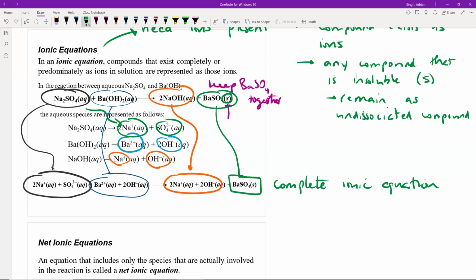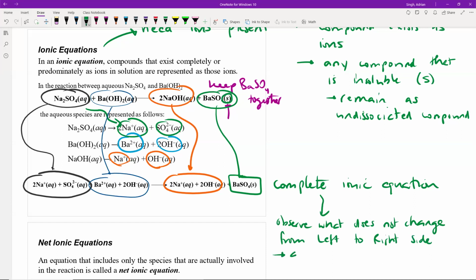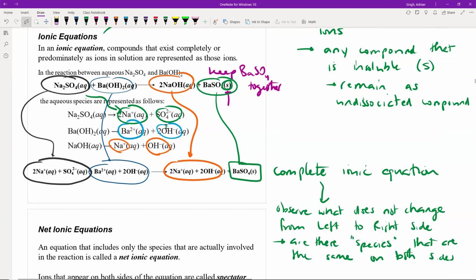What we can do after we have that complete ionic equation, we can take it and we can observe what does not change from the left side to the right side. In other words, are there "species" that are the same on both sides of the equation?